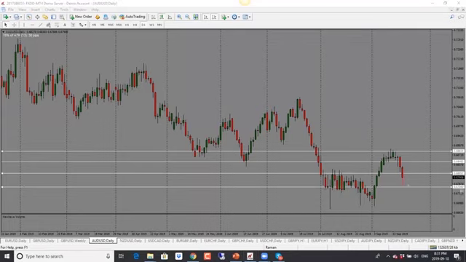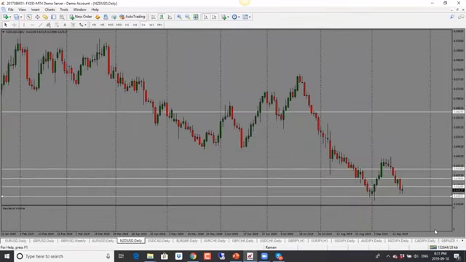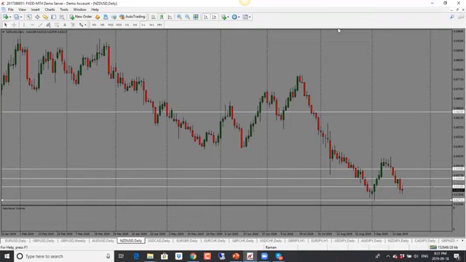The next target here would be 0.6750. So bias here is bearish for Aussie dollar. New Zealand dollar here, bias is bearish as well. The candle close for today is bearish, so looking for price to drop further. I would look for a pullback into where it is currently, actually, 0.6330, and then a further drop to the downside. Target is 0.6270. So bearish bias here for New Zealand dollar.